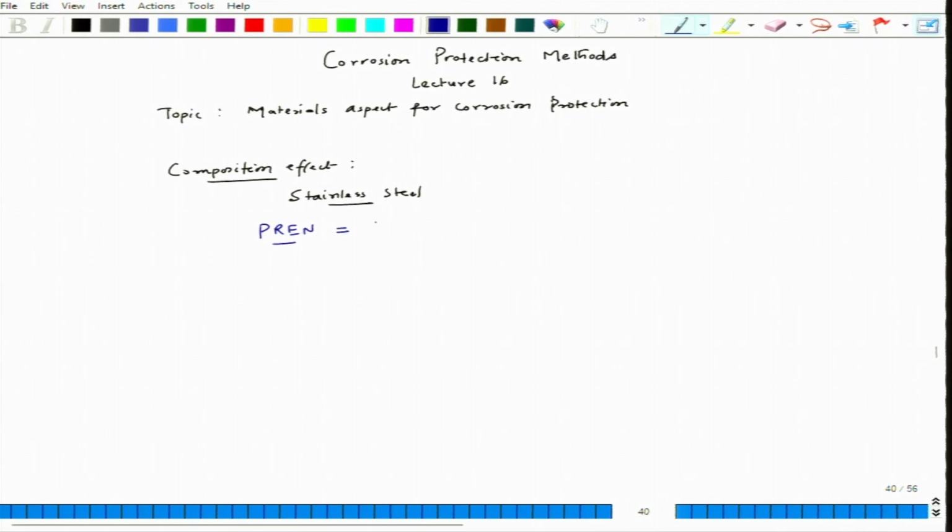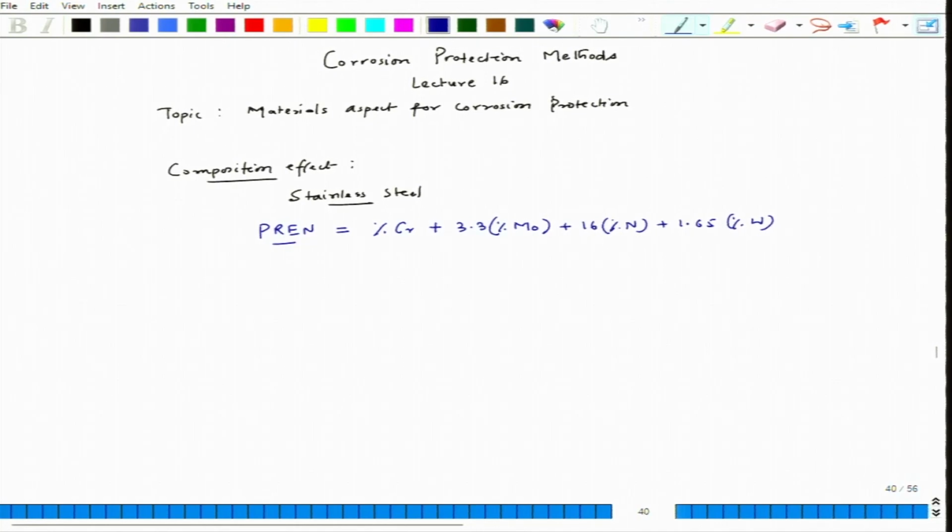It can be expressed as: percentage of chromium plus 3.3 times percentage of molybdenum plus 16 times percentage of nitrogen plus 1.65 times percentage of tungsten.